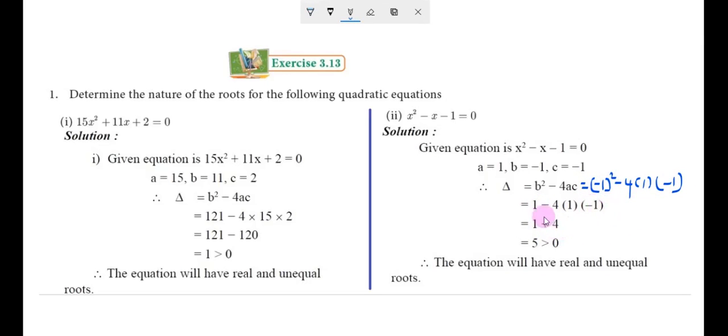Next, minus 4 into 1 into minus 1: minus into minus is plus, 4 into 1 is 4. So 1 plus 4, this is 5. Is 5 greater than 0 or less than 0? It is greater than 0. So greater than 0 means the equation will have real and unequal roots. Understood?